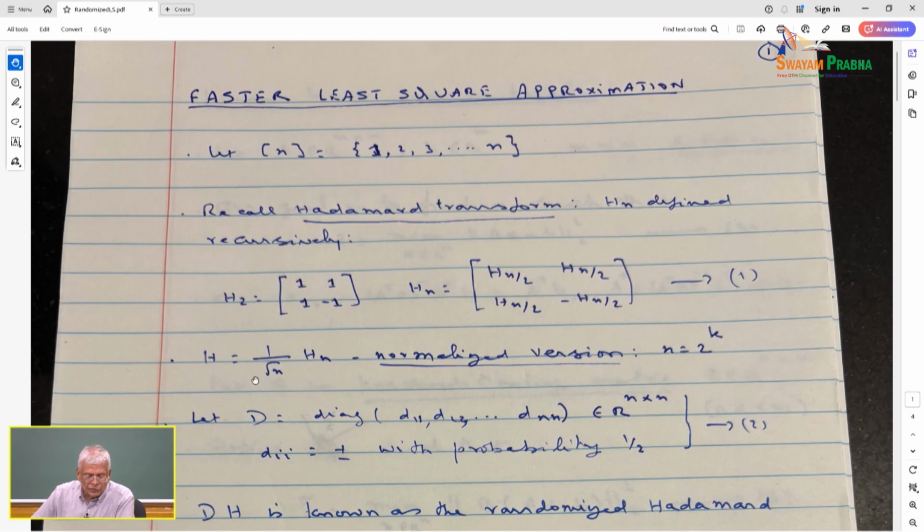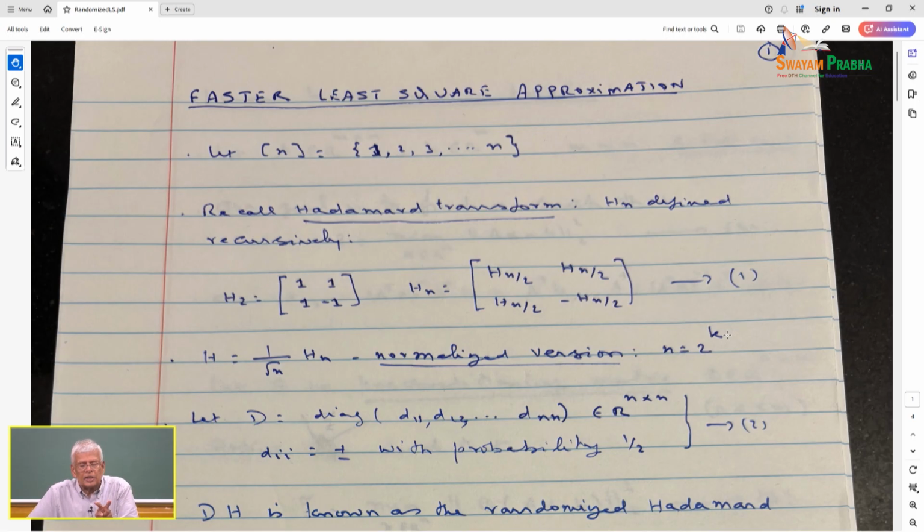So, without the constant 1 over square root of n, it is called the Hadamard matrix. If I multiply by the constant, it is called the normalized version. Here n is a power of 2, that means the size of the matrix increases as powers of 2. If you did not divide by the normalizing constant, the matrix will be orthogonal.